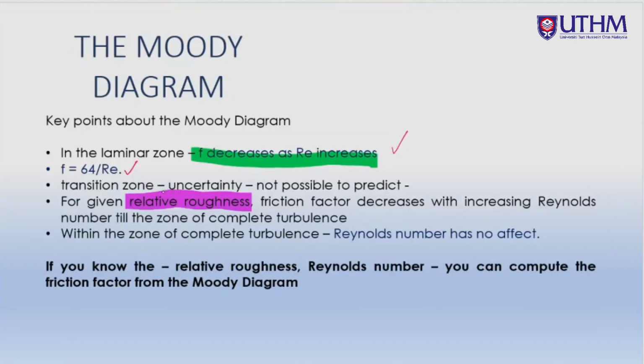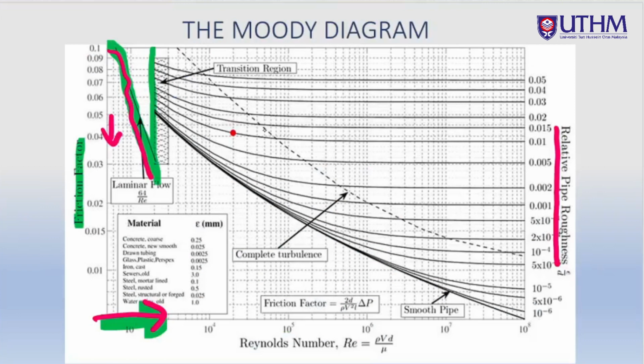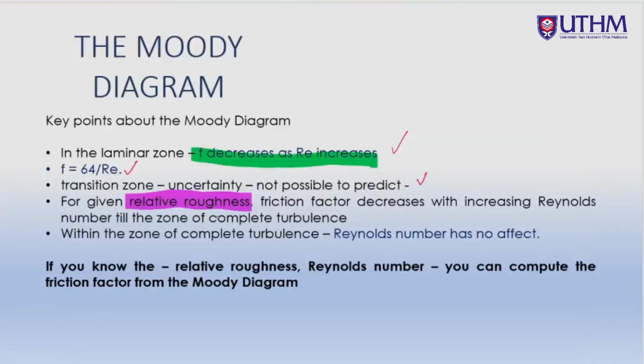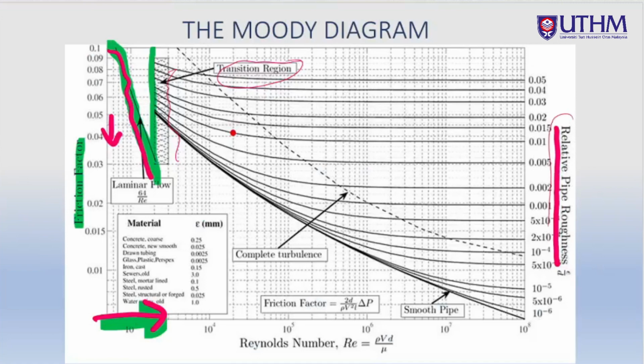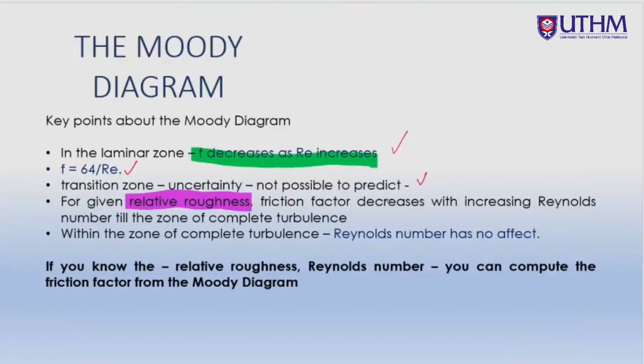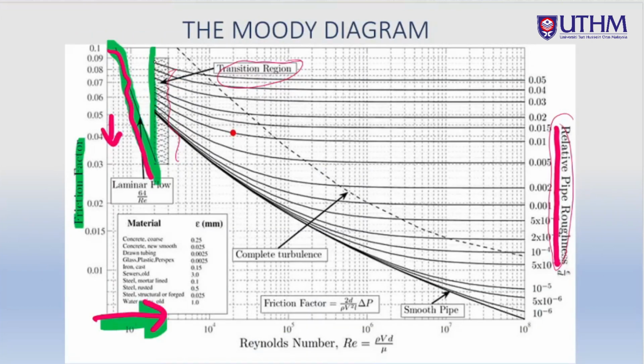Okay, and then kita ada transition zone which is almost not possible to predict. Okay, so which is this one. Okay, this area. Okay, and then kita ada for a given relative roughness kat sini. Okay, friction factor decreases with increasing Reynolds number till the zone of complete turbulence. Okay, so kita dapat lihat for a given this relative roughness, the friction factor berkurang. Nampak semua turun.